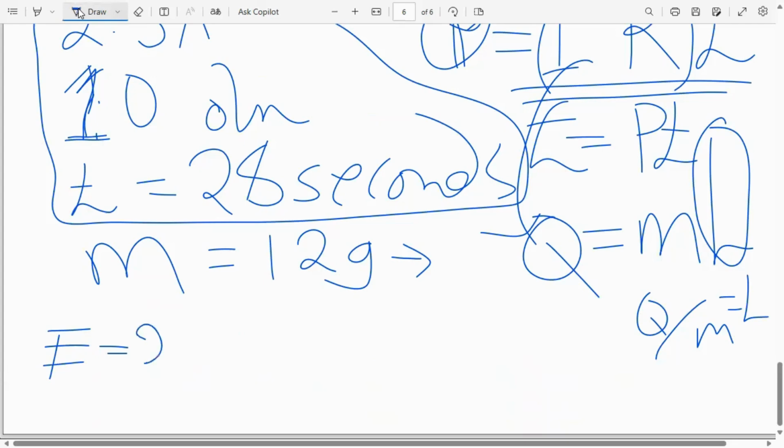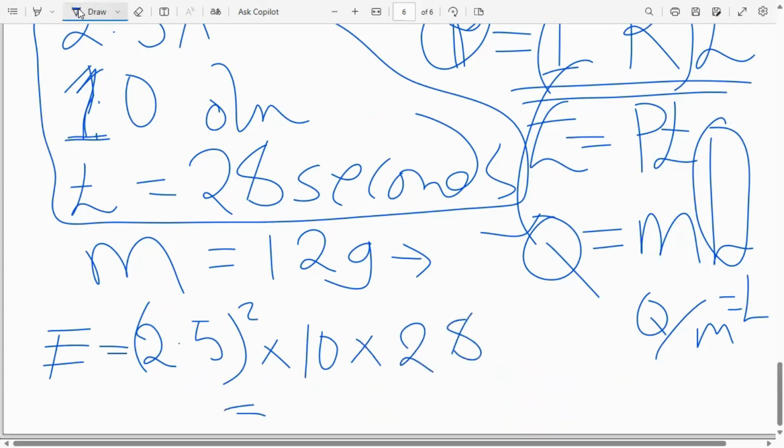It's 2.5 squared, the current squared, multiplied by the rating of my resistor, which is 10, multiplied by the time. And what is the time? It is 28 seconds. So I'll get the value of my energy to be equal to 2.5 squared multiplied by 10 multiplied by the time, which is 28 seconds.